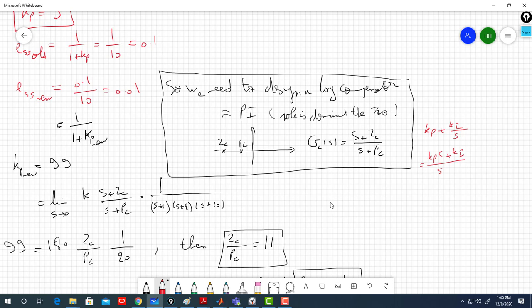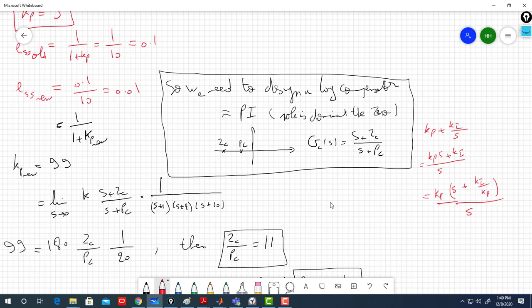Now if you take Kp common, then it is S plus Ki over Kp, over S.